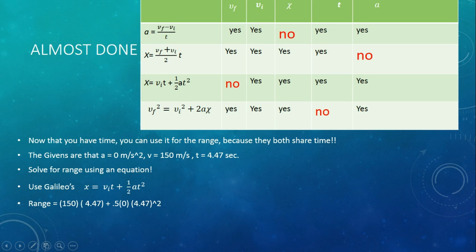This is your classic equation when it's moving at a constant speed. Distance equals rate times time. So the range is 150 times 4.47, or 607.5 meters. So this cannon can shoot 607.5 meters. So that's pretty far.